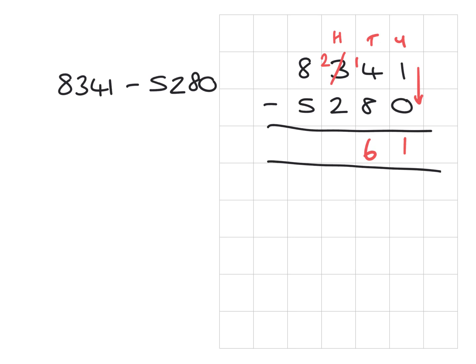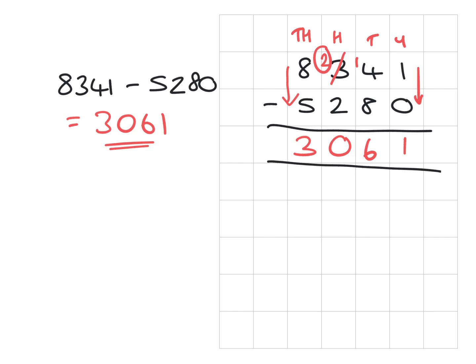Then we have the remaining 200s, take away 200, leaves us with nothing in the hundreds column. And finally, we have the 8,000, take away the 5,000 for 3,000 to give us a final answer of 3,061.